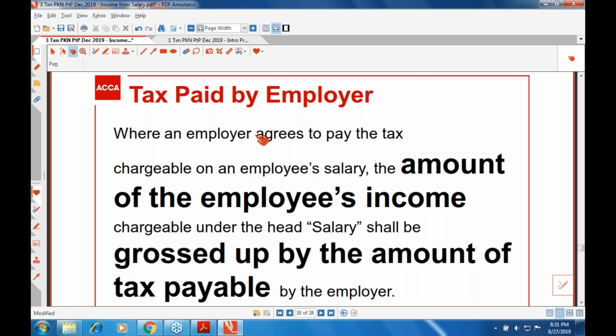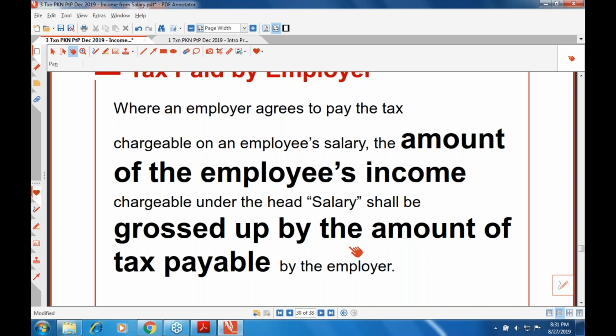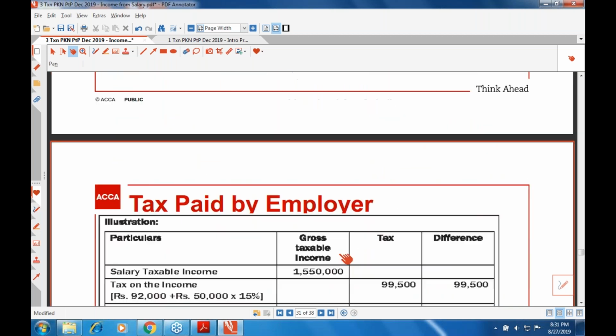And as a result of this, since the employer is giving you a benefit, it's included in your taxable income. It says where employer agrees to pay the tax chargeable on an employee's salary, the amount of employee's income chargeable under the head shall be grossed up by the amount of tax payable by employer. So whatever tax is payable by employer is going to be grossed up.